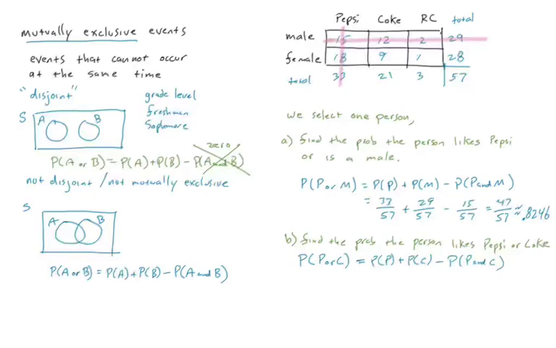So those who like Pepsi, it's going to be 33 out of the 57. And then those who like Coke is going to be 21, again out of the 57. Now notice that these guys are mutually exclusive. So you're either in one group or the other. And so that overlap isn't going to exist. It's actually going to be 0. So we really have no need for it in this case. And we could work out that probability this way.